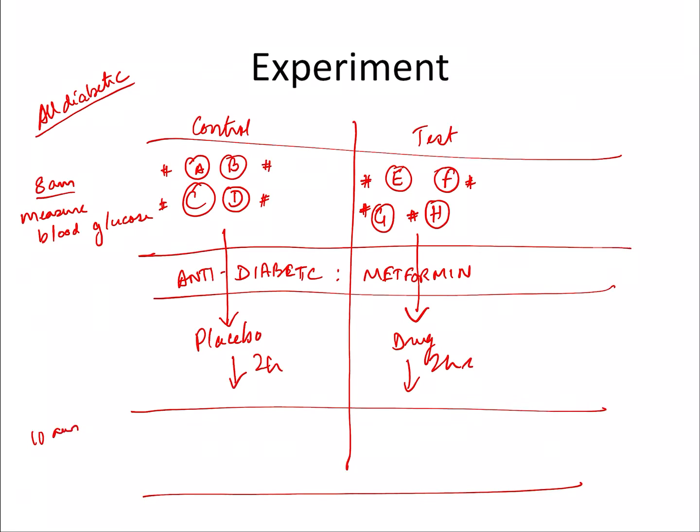Let's say this is 10 a.m. And then if the drug indeed works, and this is an established drug, so I can tell you for a fact that it does work, the anti-diabetic group should essentially show no reduction in blood sugar. And there should be a significant reduction here.